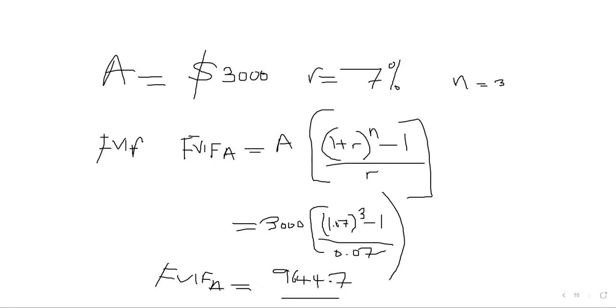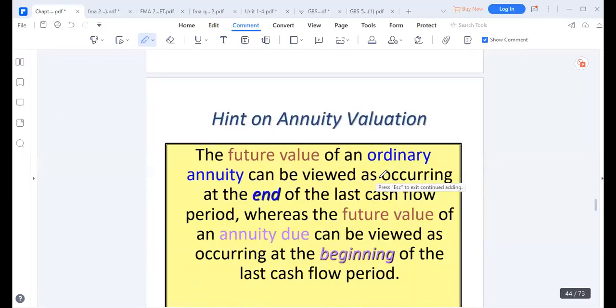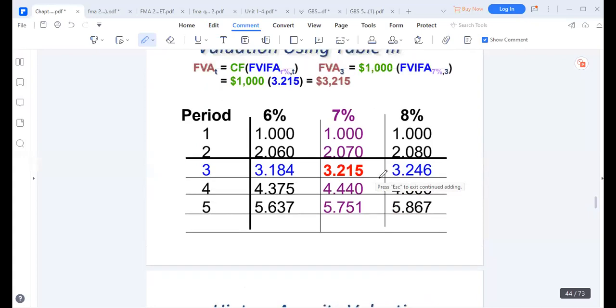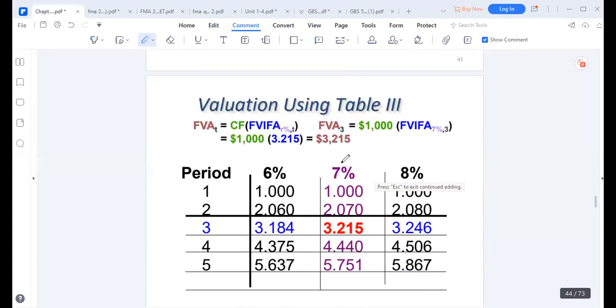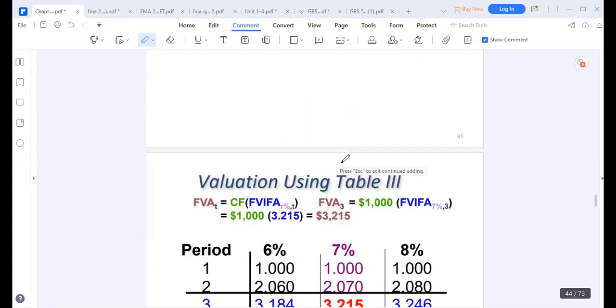This is the future value of an annuity that we need to go for. The formulas you need to really understand.